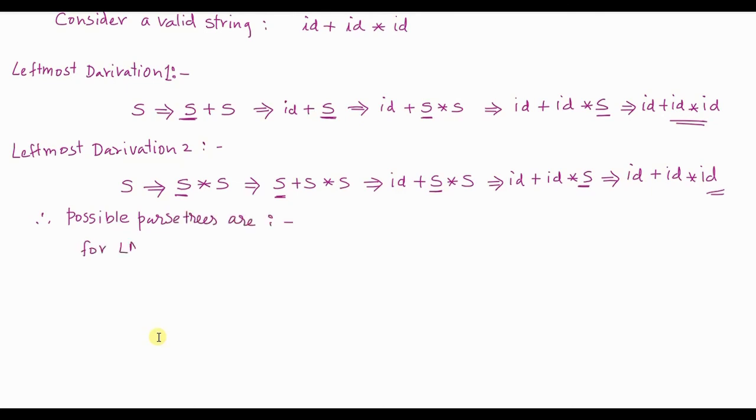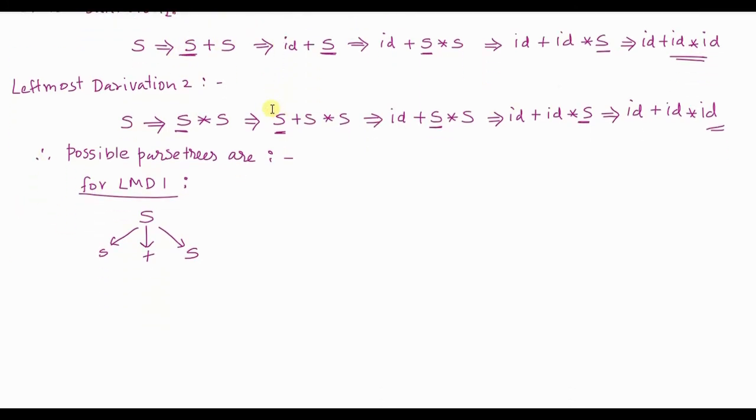For leftmost derivation 1, the parse tree that you get is S. S was replaced with S plus S. Then this S was replaced with identifier ID.